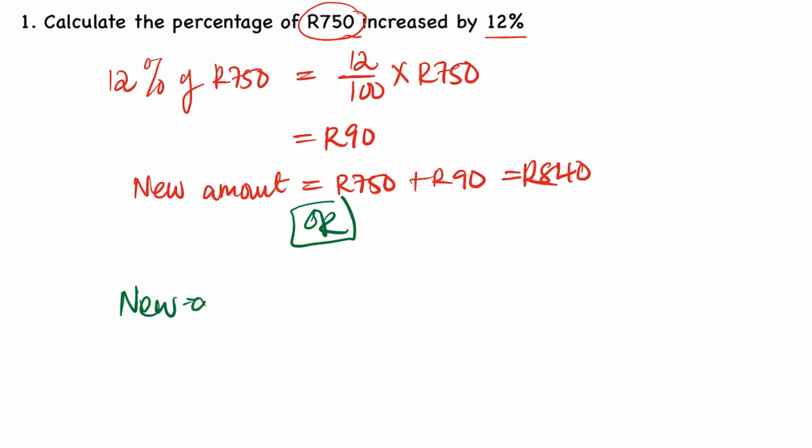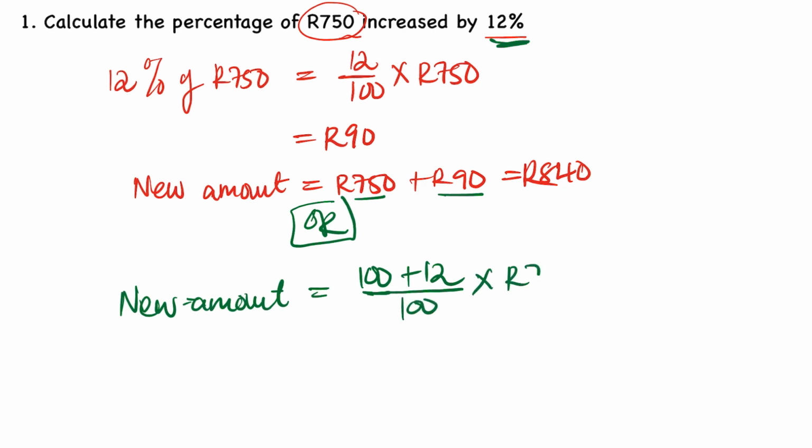Calculating the new amount, you can say 100% plus 12%. So this 100% stands for 750, plus 12%, which is 90 rand, but we don't know yet that 12% is 90 rand. And then you times by 750. So your answer will be 840 in one go.